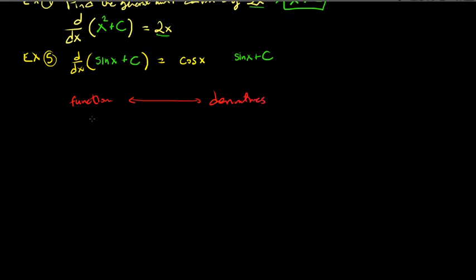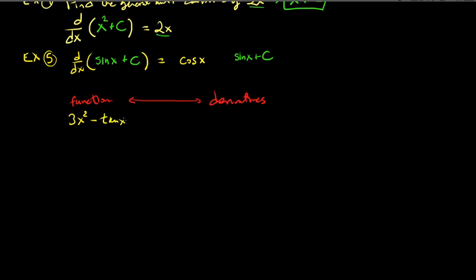Up until now, we've given you the function, so for example, 3x squared minus tangent x.